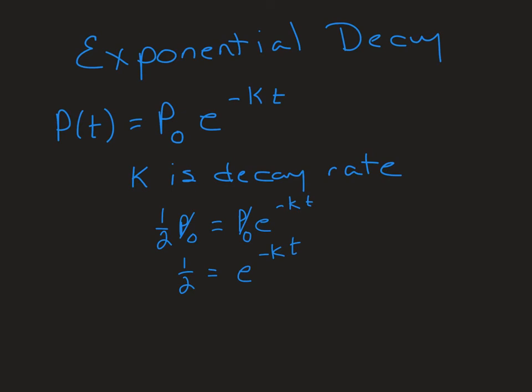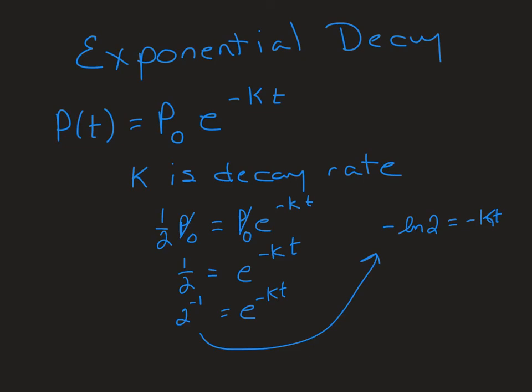Now remember, I can rewrite 1/2 as 2 to the negative 1. And if I take the natural log of both sides, it becomes a negative natural log of 2 is equal to negative kt times the natural log of e, which is 1.